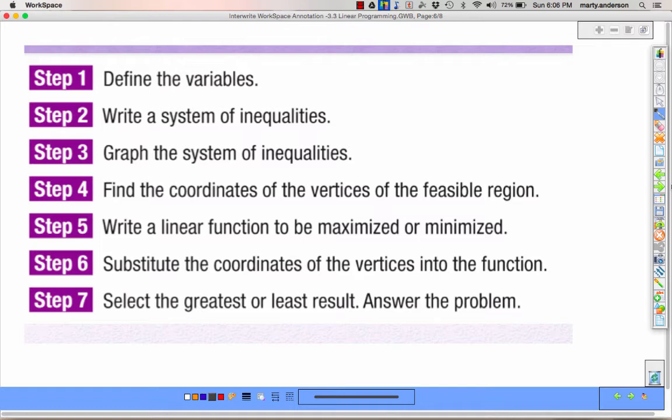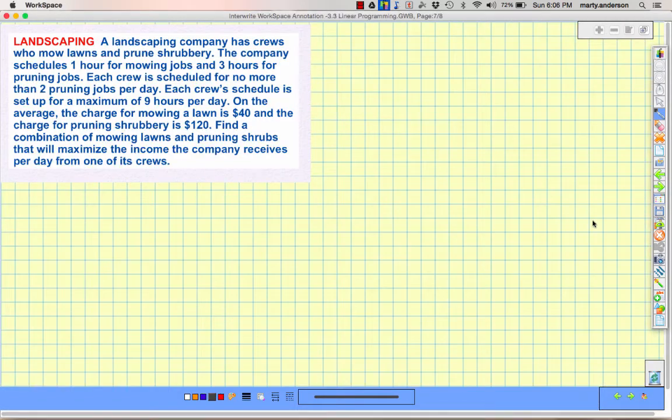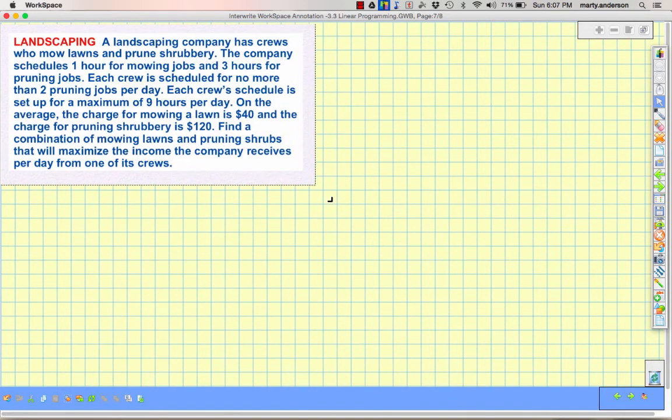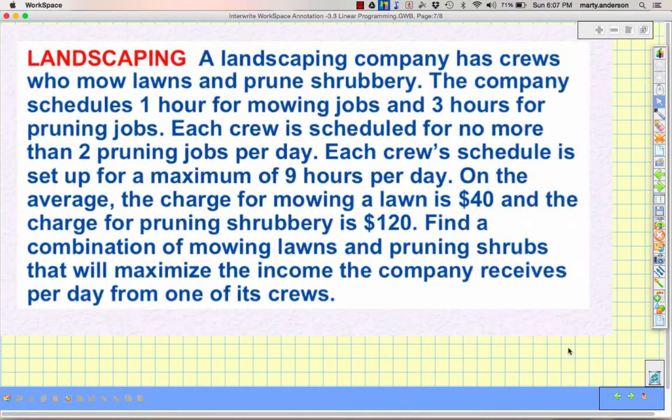The only thing that has been added here is you need to come up with writing the linear function to be maximized or minimized. So if we take a look at a problem like this, which I realize is not very big right now, let's see if we can make it a little bigger. And we'll read it, and then we'll shrink it up and graph it.